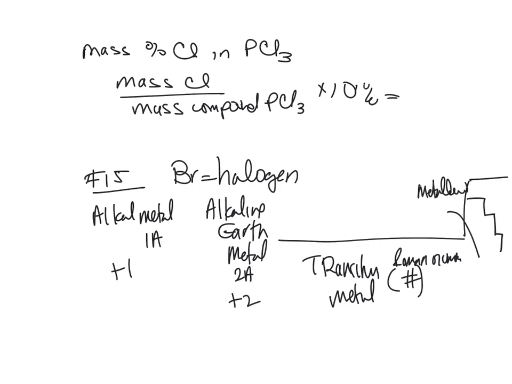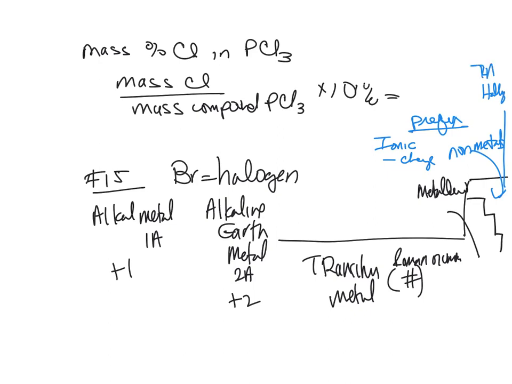These are metals, and then over on this other side are the non-metals, and they tend to form either covalent compounds, so you're dealing with prefixes in the naming if they're the first, or if they're in an ionic compound, they're going to form a negative charge. And so you have the halogens that are group 7A, and the group 8A do not form compounds. They are the noble gases, and that's the last ones on the periodic table.